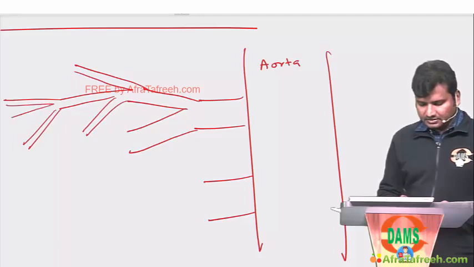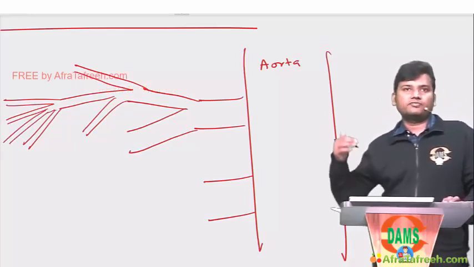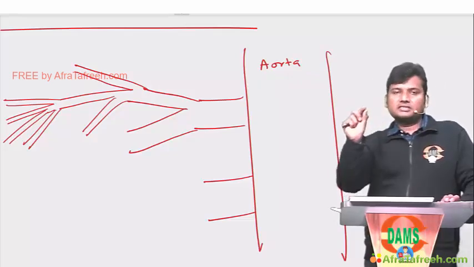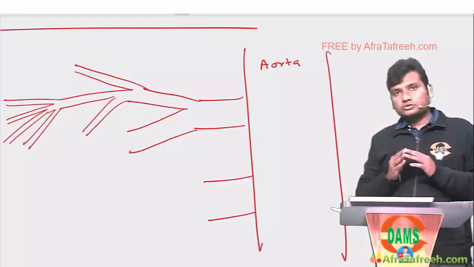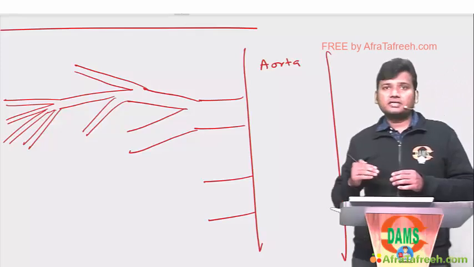And as blood vessels travel from proximal to distal, the diameter of the blood vessel is decreasing. You can see the diameter is decreasing. Okay. So now, next point, in diabetes, glucose level is increasing.